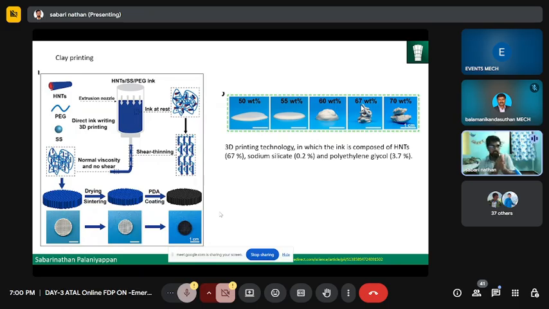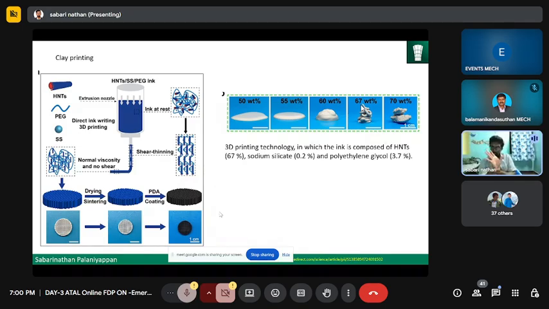We have added PEG because the main parameter you should consider in making clay bioceramic inks is that the material viscosity should be in an acceptable range, because based upon the viscosity, the material comes out from the nozzle.